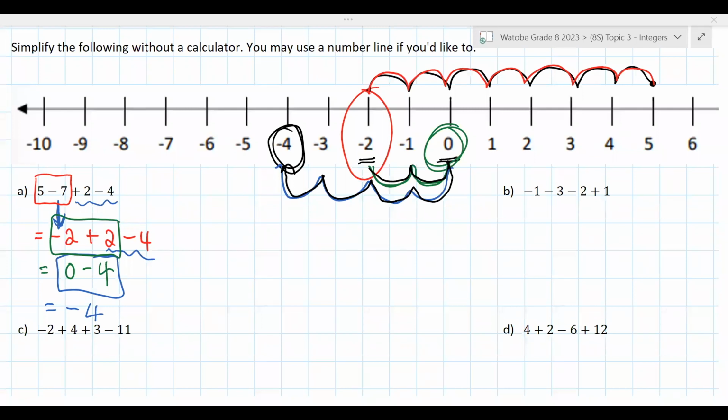Let's go and arrive to D already so we can get some answers. B, C, D, that's all that we're looking for. Well done, guys.